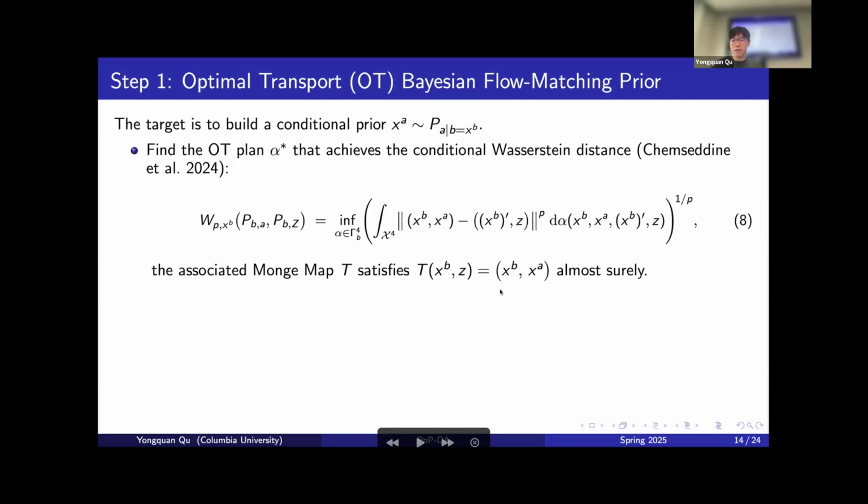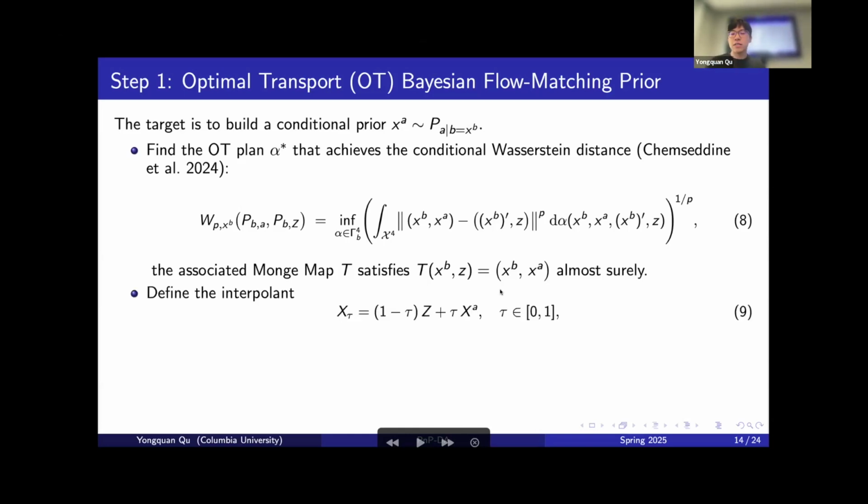If you are able to achieve this conditional Wasserstein distance, it will keep your background distribution unchanged while moving from the reference distribution to the analysis distribution. So essentially, they're modeling the conditional distribution.